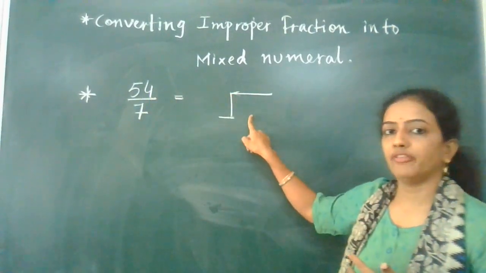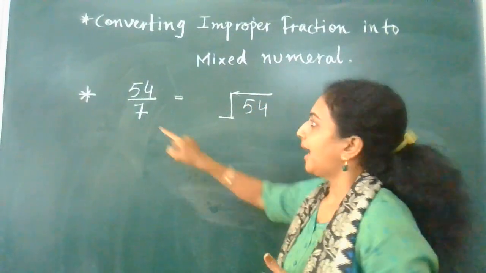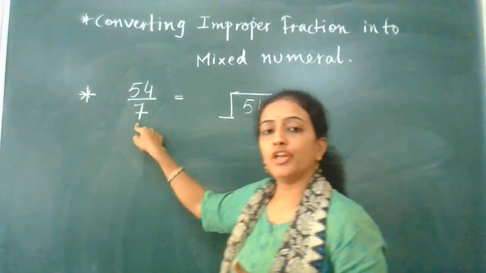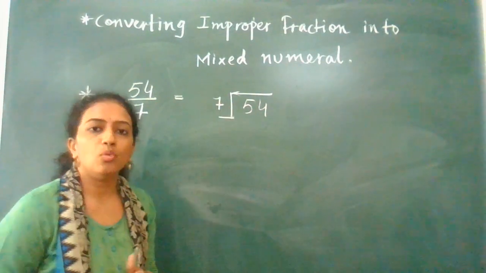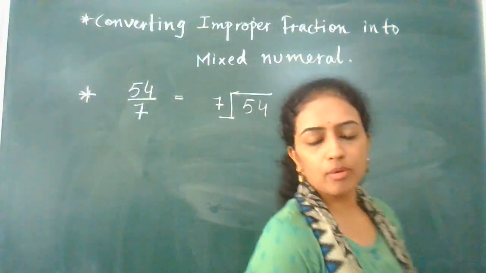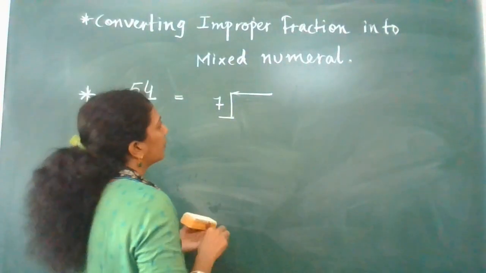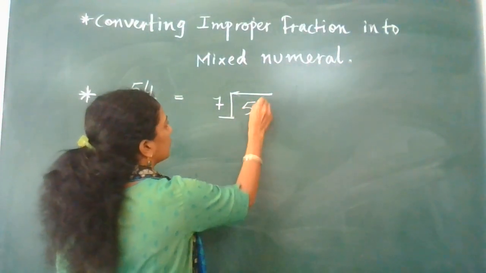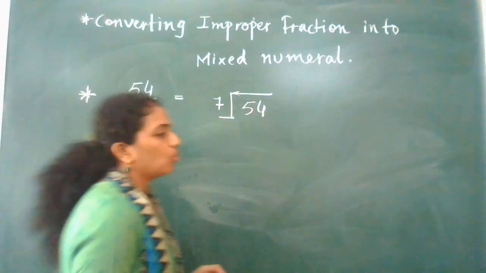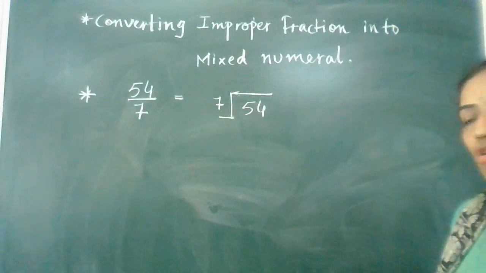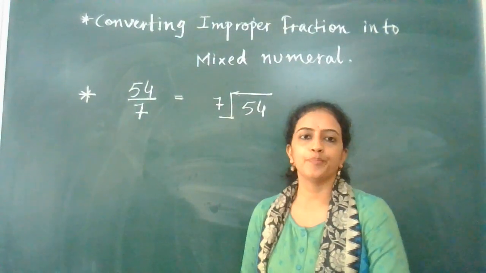So now we'll be dividing 54 by 7. When you do 54 by 7, you can do 7 sevens are 49.